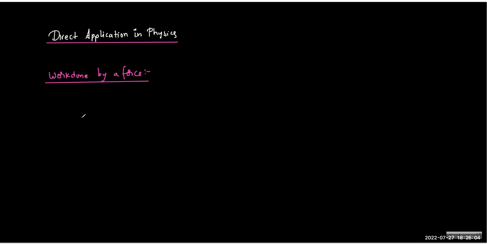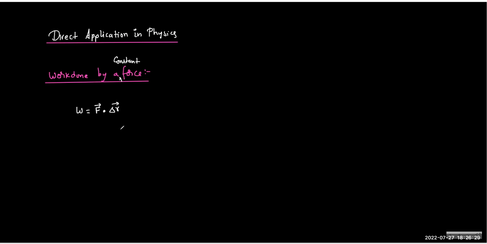So the definition of work by our syllabus talks about the constant force. If the force remains the same, if the force is not changing, then the work done will be how much? The force dot with displacement.